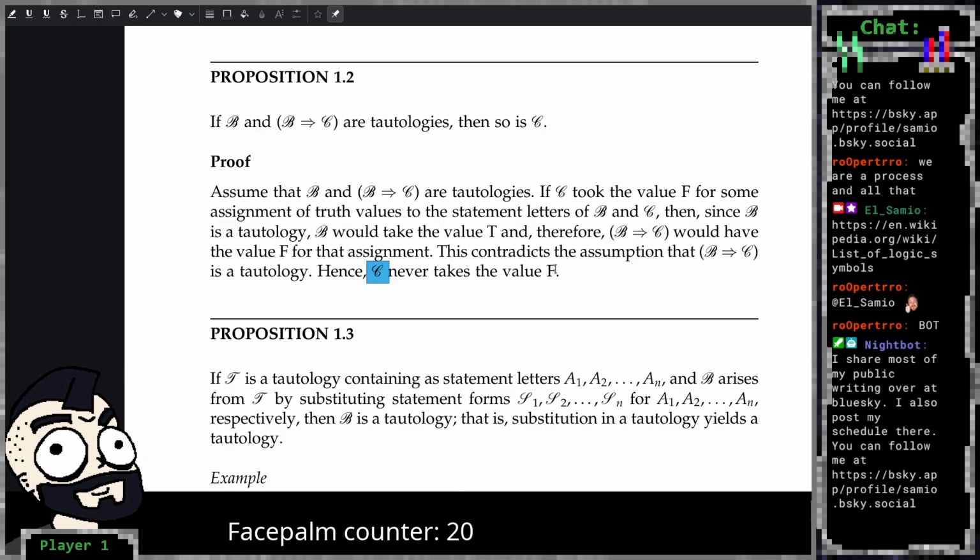For example, if you have a formula that is true half of the time and unknown the other half, that does not make it a tautology. That doesn't make it always true. But it does make it never false.